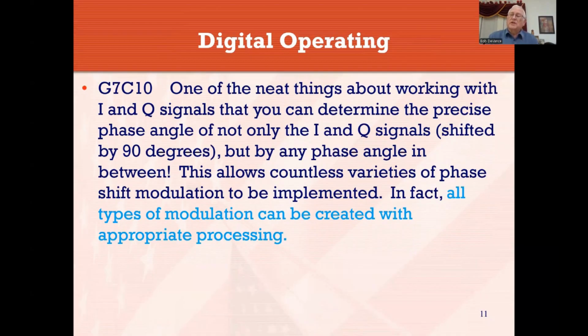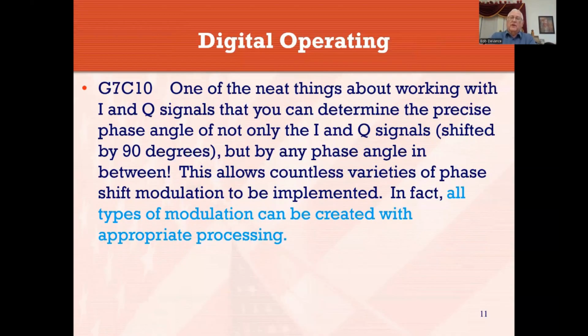So an I signal is the original signal. The Q signal is at least a 90-degree out-of-phase version of the same input signal. With I and Q, you can determine the precise phase angle of the signals that they've been shifted by 90 degrees, and you can play all kinds of games with it. The key is all types of modulation can be created with the appropriate processing.